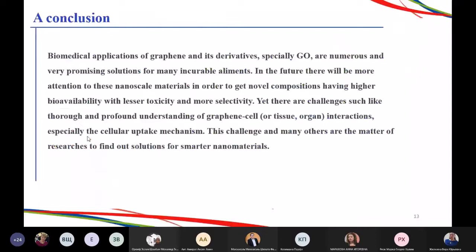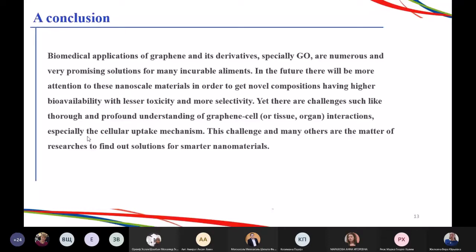Biomedical applications of graphene and its derivatives, especially graphene oxide, are numerous and very promising solutions for many incurable ailments. In the future, there will be more attention to these nanoscale materials in order to get novel compositions having higher bioavailability with lesser toxicity and more selectivity.